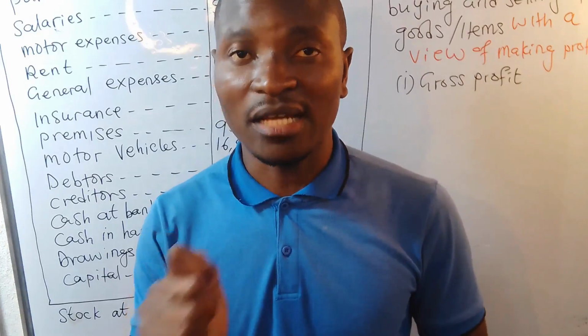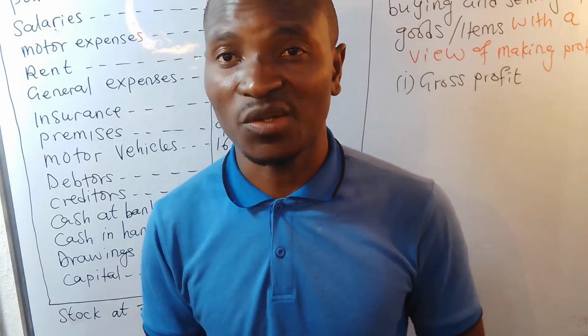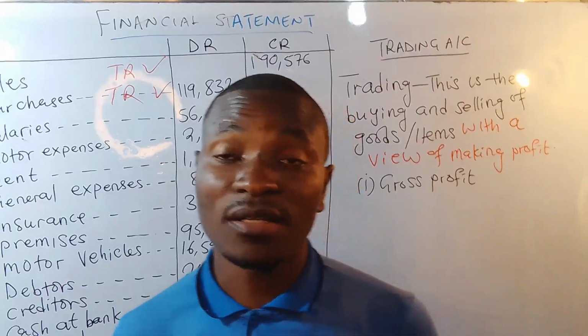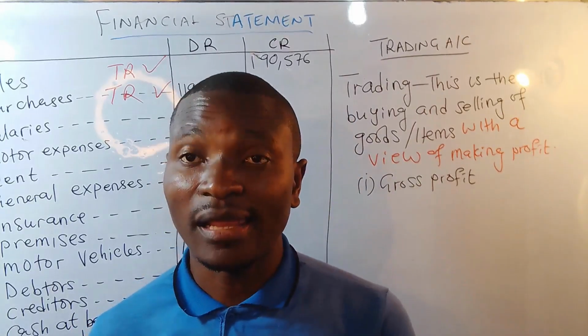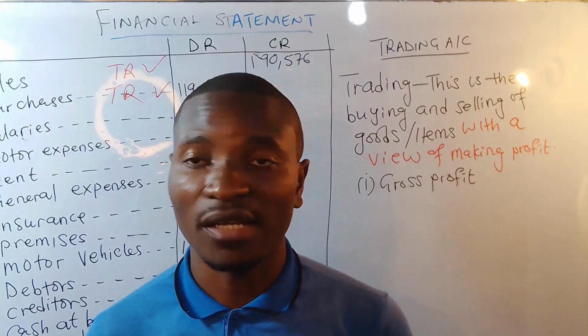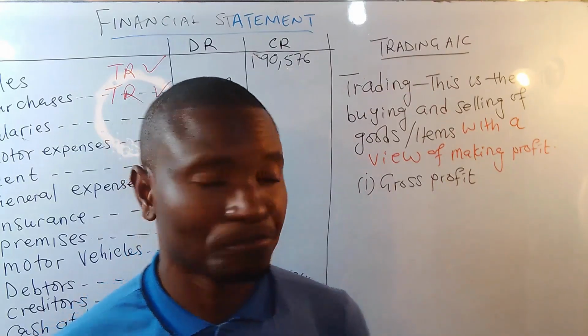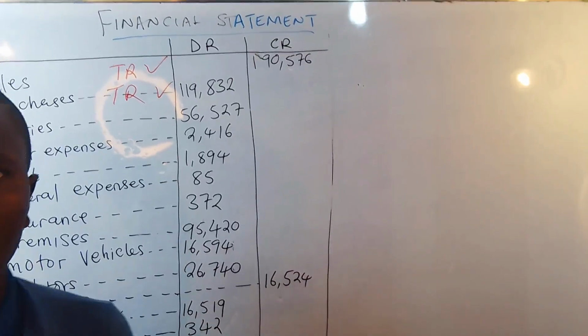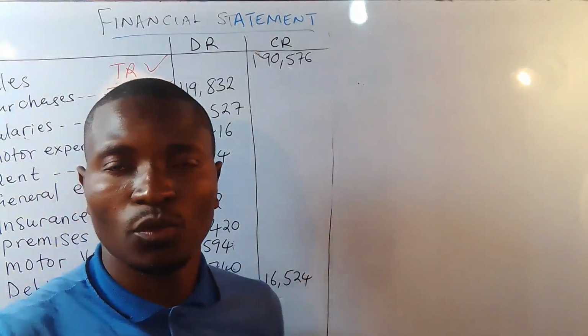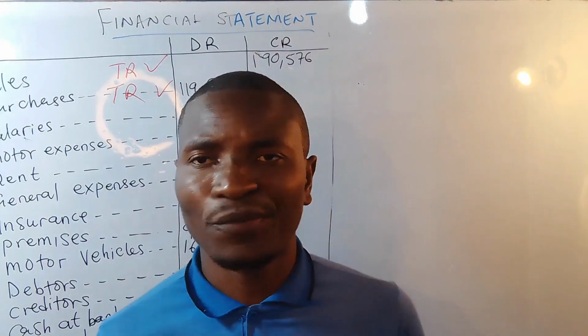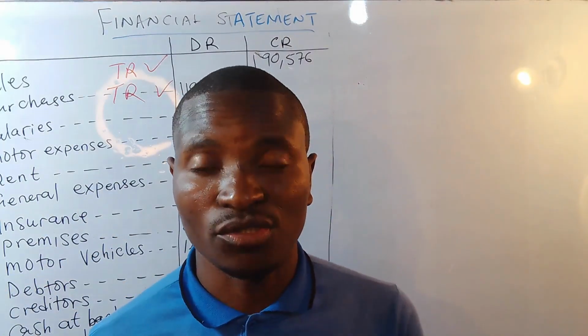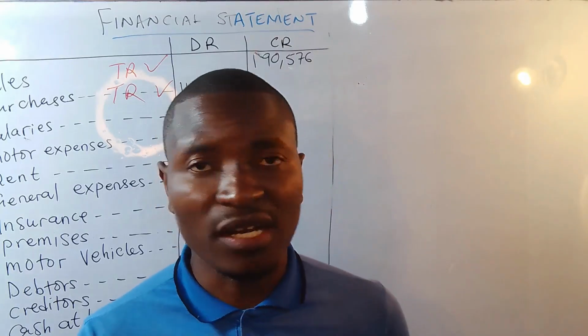That is the most important thing that we need to understand. Then what is the main point? How do you start now? When you're starting off to prepare the trading account, the first thing we have actually defined.